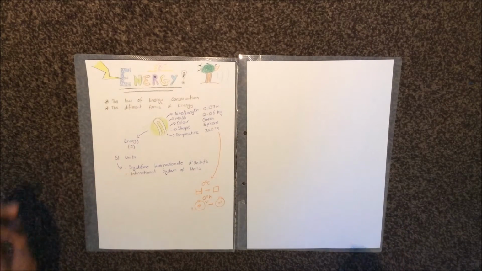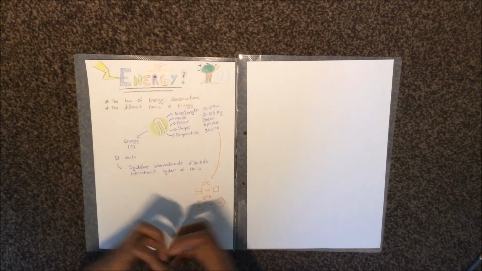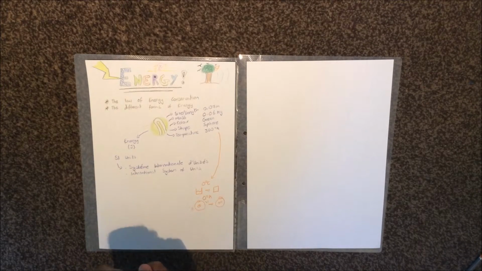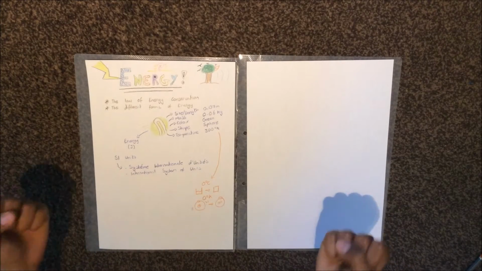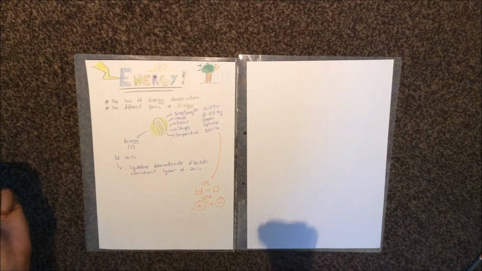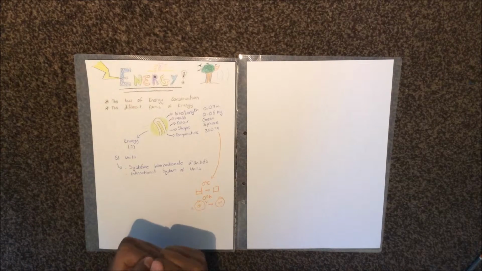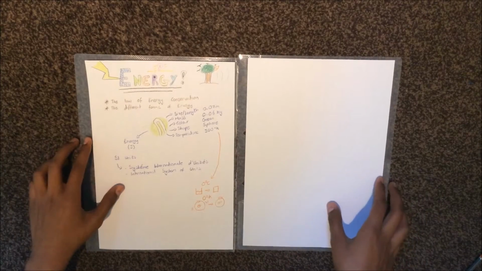Like if you've ever seen the particle model, if you've ever been taught it in school, it explains how solids vibrate when they're solid because they don't have enough energy to break apart. Liquids sort of stick together but roll over each other, and gases are free. They're free from each other because they have enough energy to do that. Well, at absolute zero, they don't have enough energy even to vibrate, they just stop moving altogether.